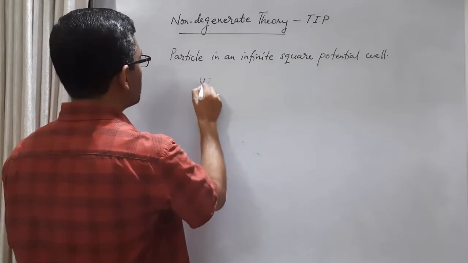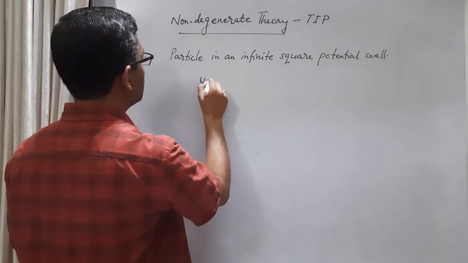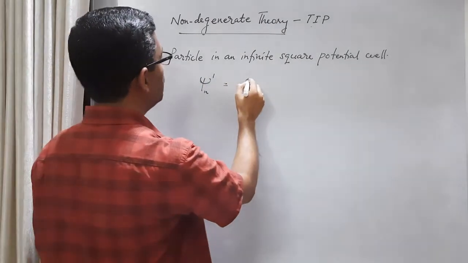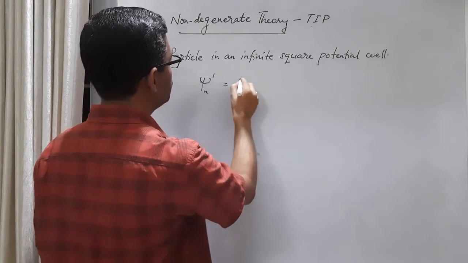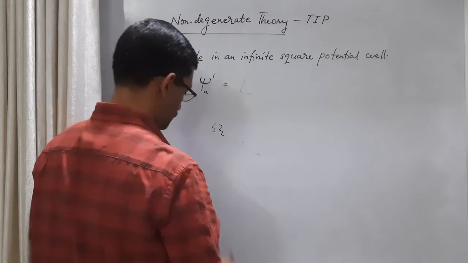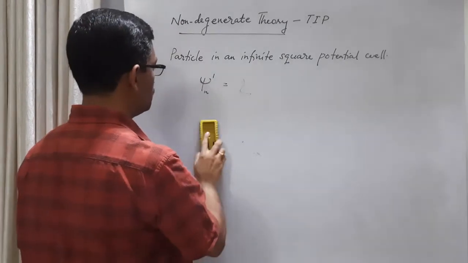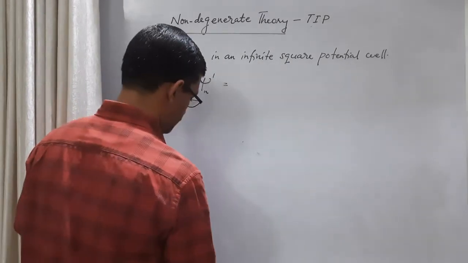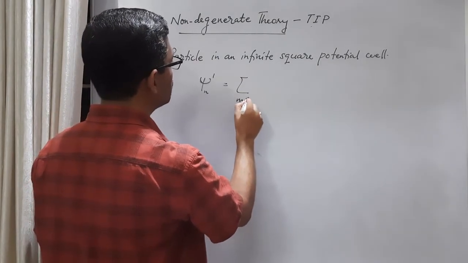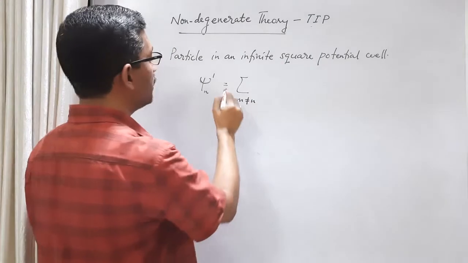Okay, the first order correction in wave function is psi n1, summation over m not equal to n.